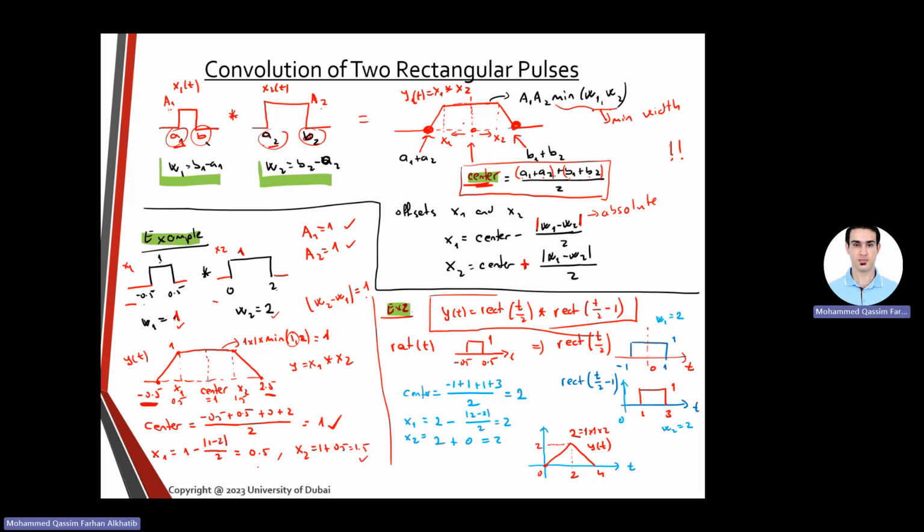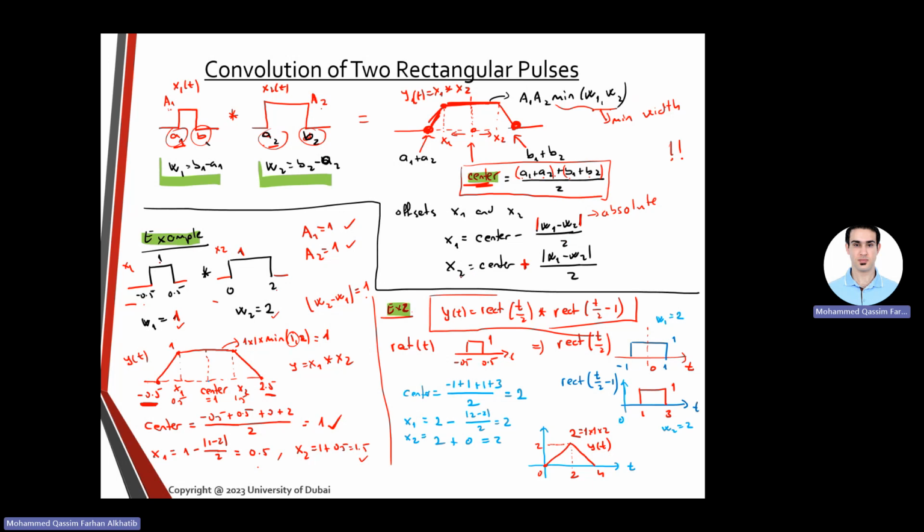Now, another key point: the trapezoid has a horizontal line on top, and there is this edge that marks the rising line meeting the straight line. This value of x1 equals the center minus the absolute value of the difference between W1 and W2, divided by 2.